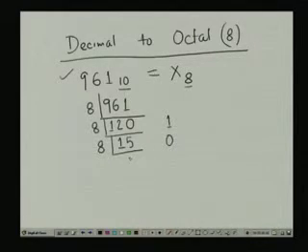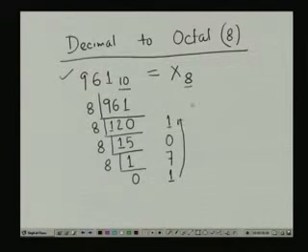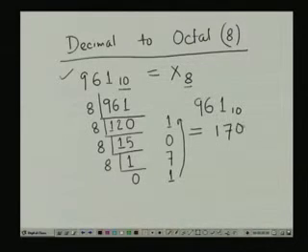Again division, now the remainder is 7. Again I do the division, so the quotient becomes 0, and the remainder is 1. Now if I take in reverse direction, 961 in decimal will be 1701 in the octal system.